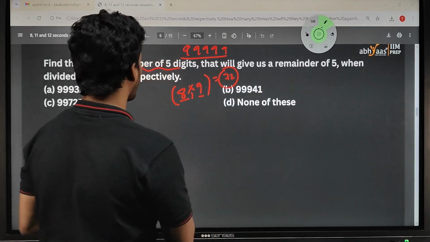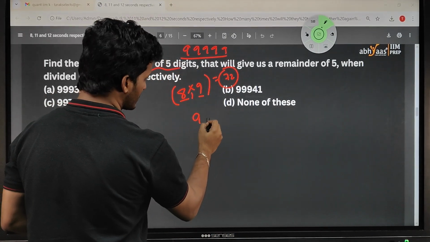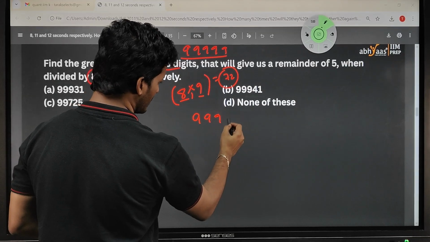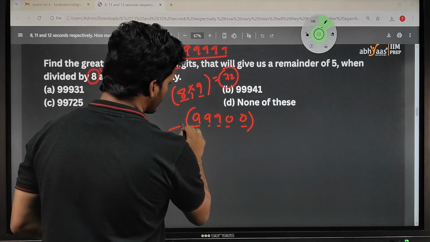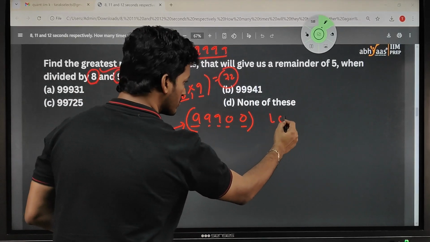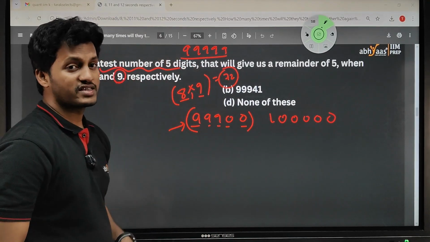It is not divisible by 72 itself. So how to find the greatest 5-digit number? You can solve it by finding the number near to 99990 or 1 lakh which is divisible by 72.